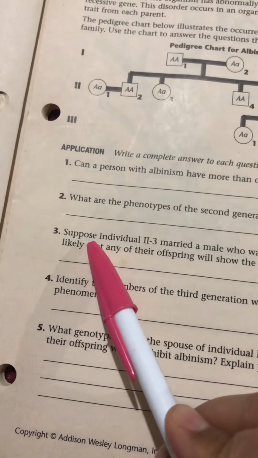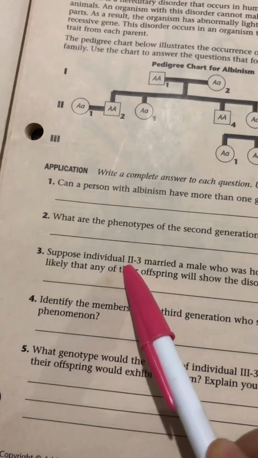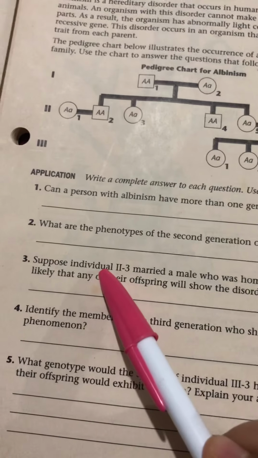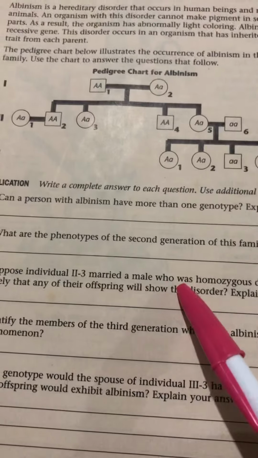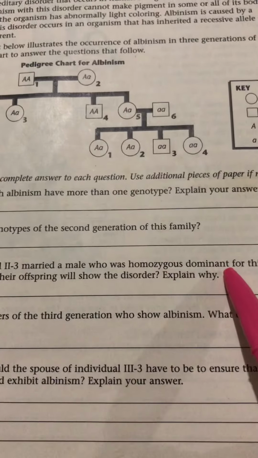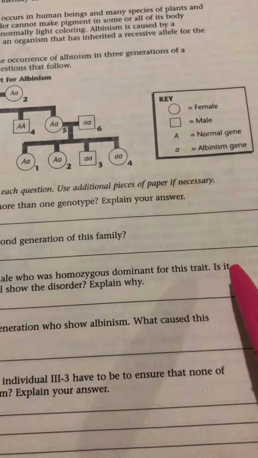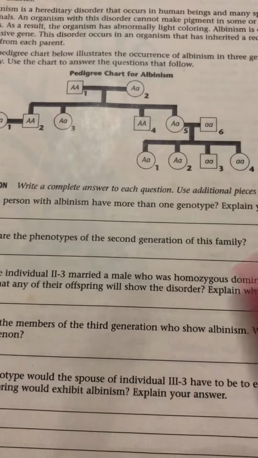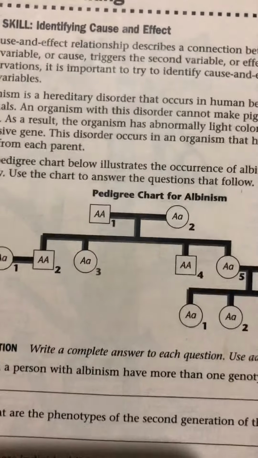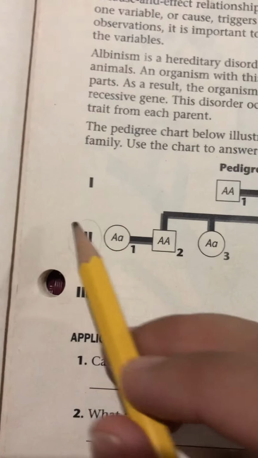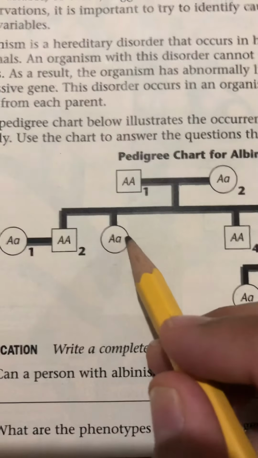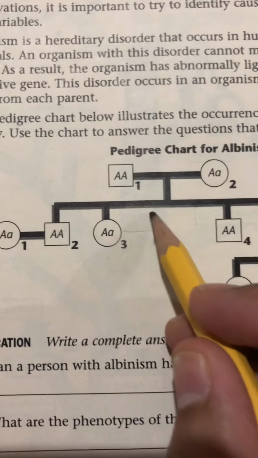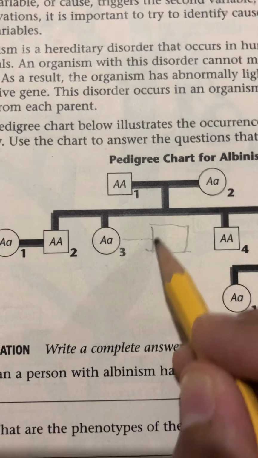Number three. Now it says, suppose that individual 2-3 married a male who is homozygous dominant for this trait. Is it likely that any of their offspring will show the disorder? What are they asking me here? They are letting me know that the person of the second generation, number 3, is going to reproduce with a male that is dominant.